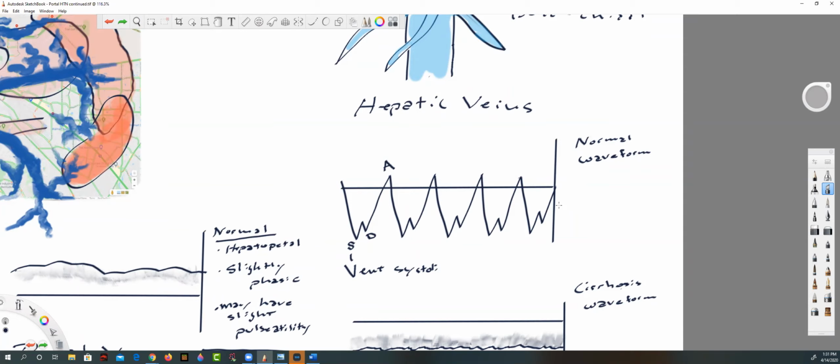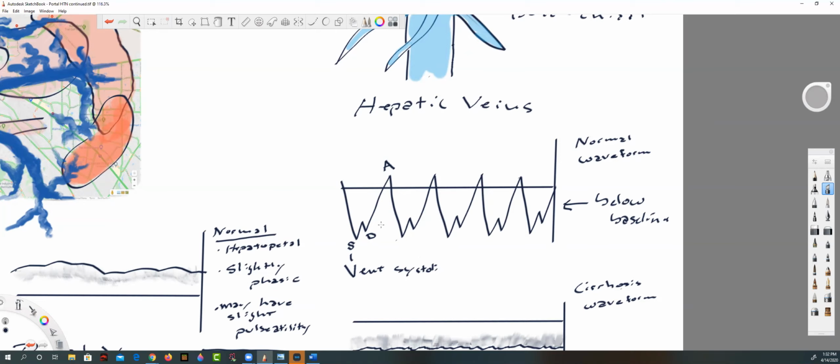Oh, and by the way, hepatic veins go away from the liver, so their waveform should be, and pretty much always is, below the baseline. So the direction of flow is away from us, or away from the liver, I should say.